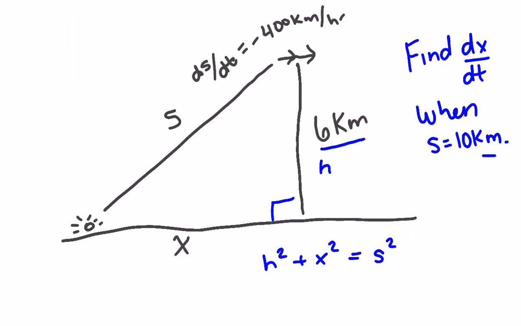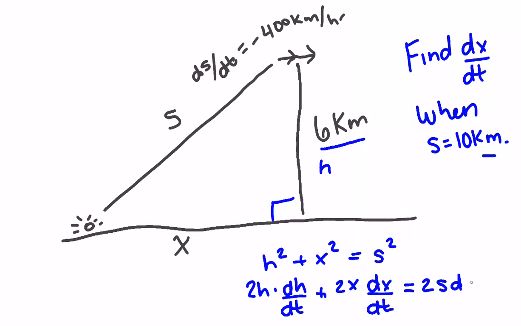Now we do have to take the derivative of this equation because we have rates. So the derivative of this will be 2h times dh dt plus 2x times dx dt equals 2s times ds dt.